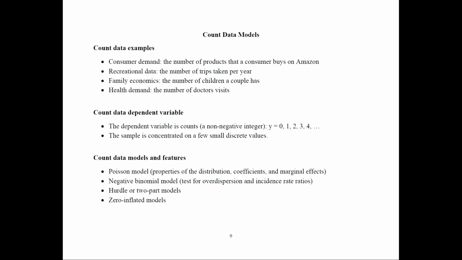And then we will talk about two particular types of models, the hurdle or two-part models, where we split the zero or positive decision from how many of the positive, and the zero inflated models where we're trying to explain where the zeros came from, and they could come from two ways. One is when you just don't like something, and another way is in which you like something but you may not have done it.